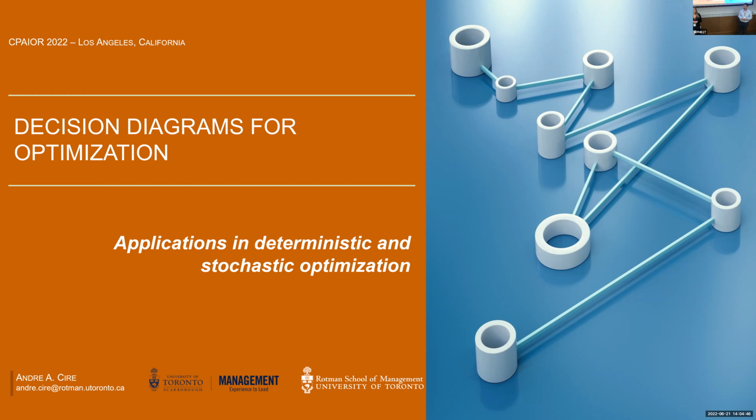He received his PhD from Carnegie Mellon University in 2014. He's won a bunch of awards, notably a Research Excellence Award from the University of Toronto, INFORMS Computing Society Student Paper Prize, and the Best Dissertation Award from Carnegie Mellon University. What else can I tell you? He serves as associate editor for the INFORMS Journal on Computing. So please join me in welcoming Andre.